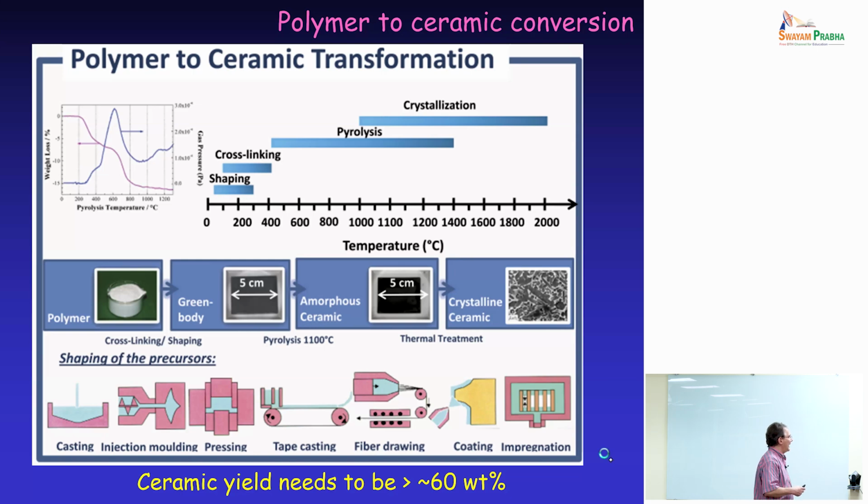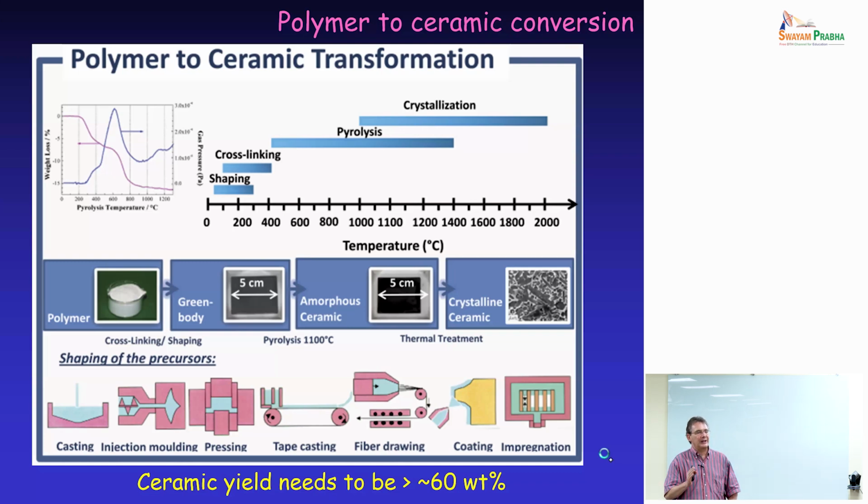And let me point out that during the polymer to ceramic conversion temperature range, so between 400 to 800 degrees, you have this change in properties from polymeric material to a ceramic material. So if you want a ceramic, you need to process above 800 degrees. If you want a polymer, in terms of behavior, you need to stay below 400 degrees.